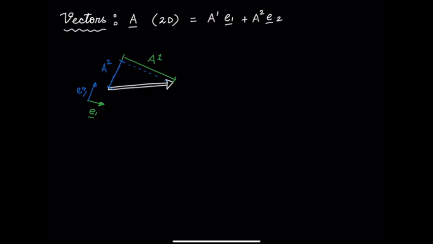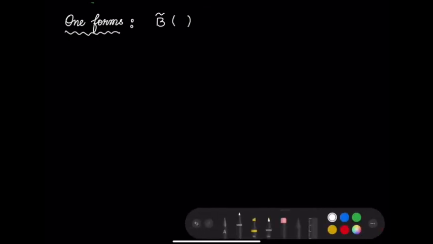What are one forms? Say I am talking about the one form B. Remember, it's a rule. The one forms, in some n-dimensional case, are a family of surfaces.